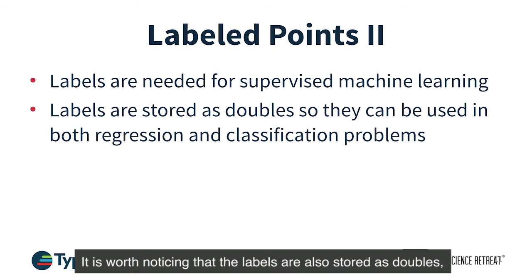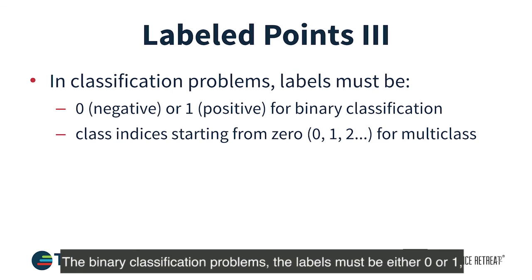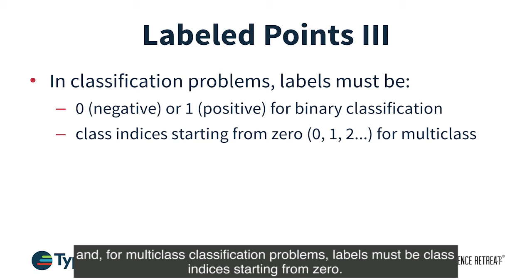It is worth noticing that the labels are also stored as doubles, so they can be used in both regression and classification algorithms. For binary classification problems, the labels must be either 0 or 1, representing respectively negative and positive responses. And for multi-class classification problems, labels must be class indices starting from 0.